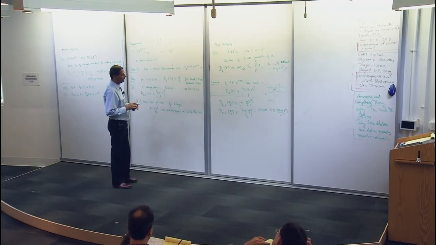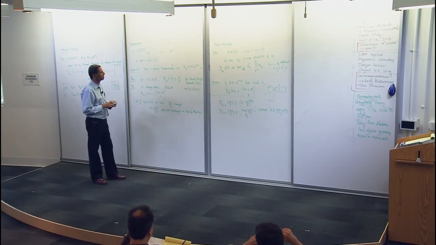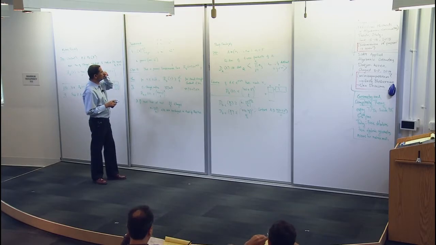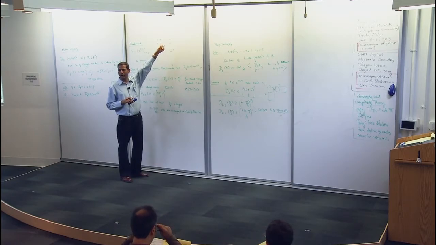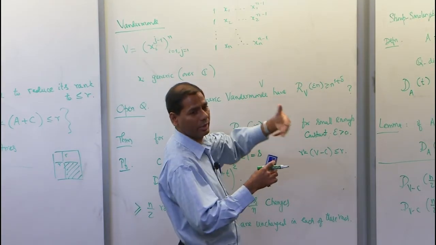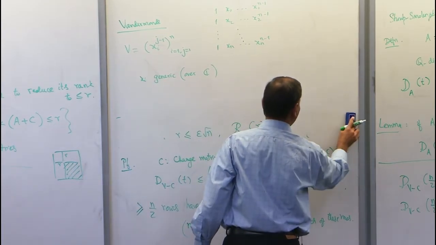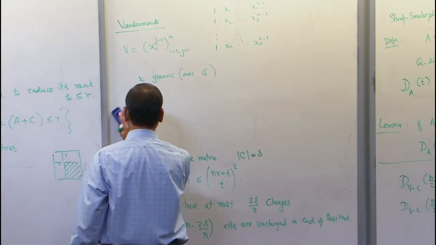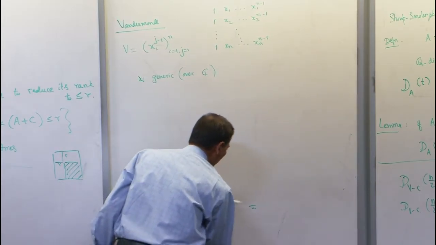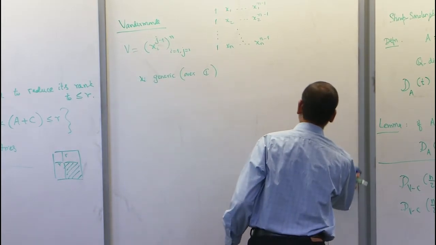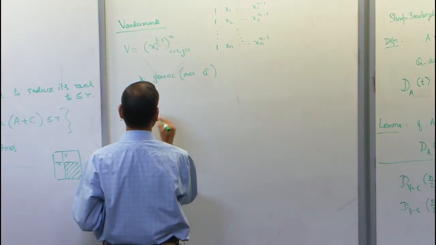Using essentially the same ideas, the problem here is that in each row you have powers of the same variable, so you cannot mix elements from the same row. So you can generalize this argument, and I will not prove it. The proof idea is very similar to this, but you will do better because you have more freedom in choosing these tuples, and that theorem is this.